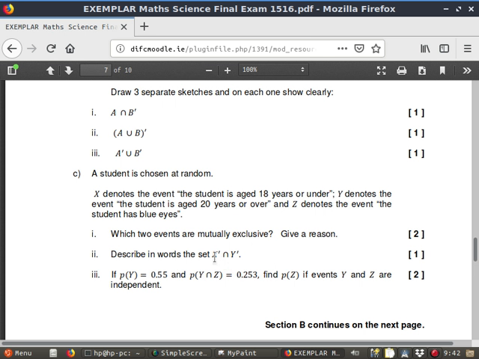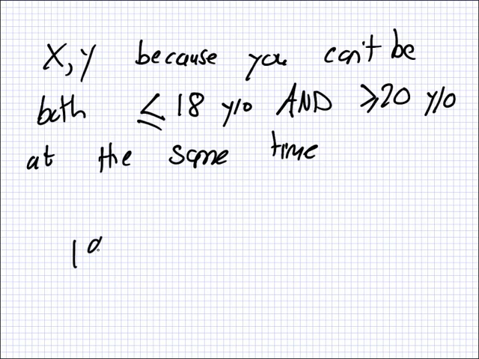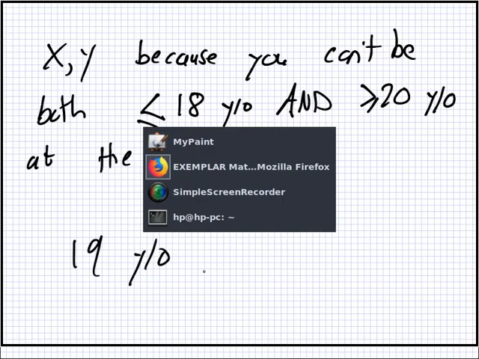Because not X means 19, 20, 21, 22, etc. And not Y means 19, 18, 17, 16. So the only way you can be both is if you're 19. So a 19-year-old is who that is.